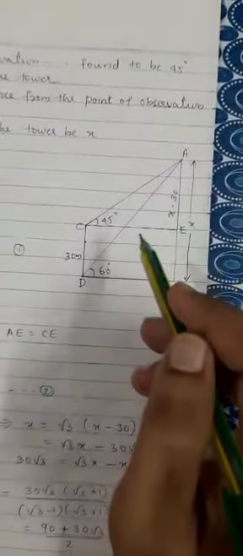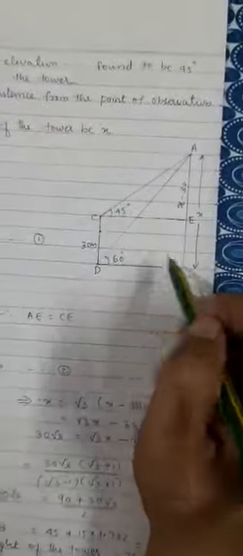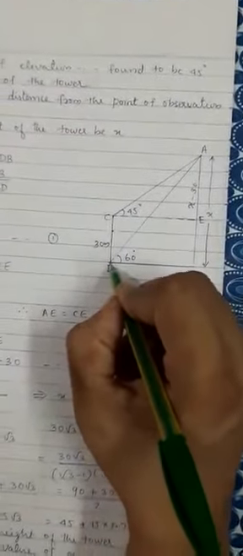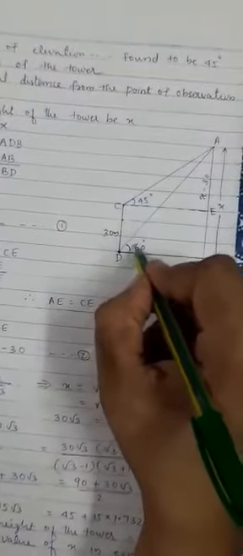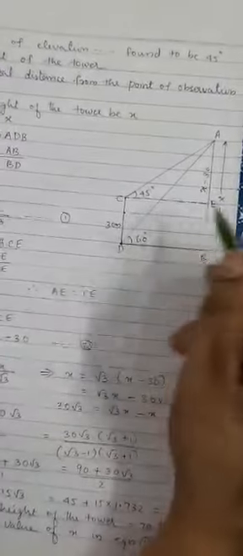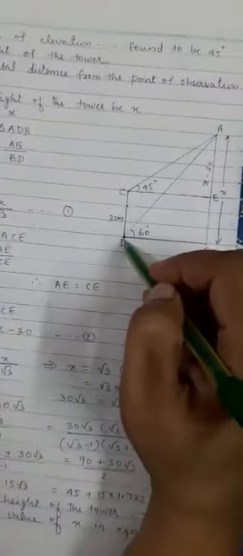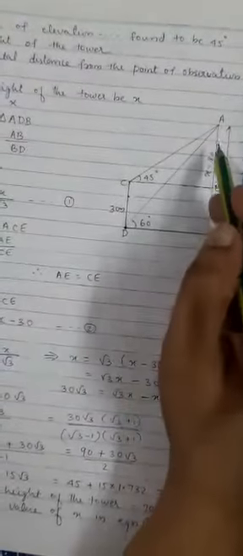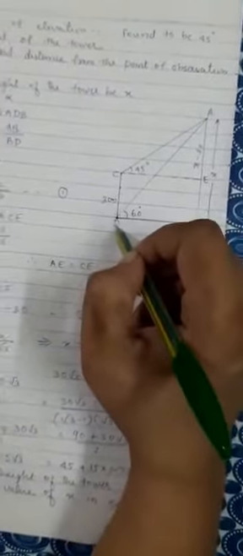Here, AB is the height of the tower, that is, x. At this point, the angle of elevation is 60 degrees. In the right angle triangle ABD, tan 60 is equal to AB divided by BD.